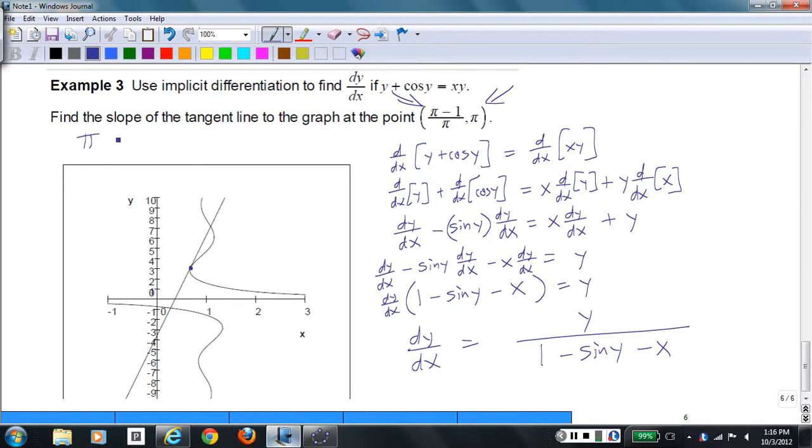Pi plus cosine pi equals maybe (pi minus 1) over pi times pi. True or false? I'm not going to erase the question mark because it's still an open question. What's cosine of pi? Negative 1. So pi plus negative 1.